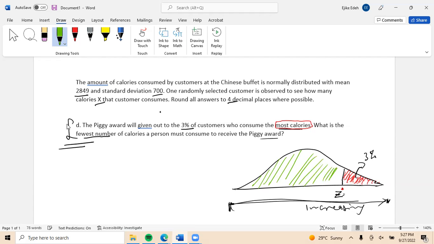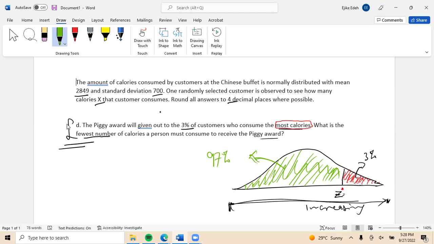So if I go to the table to look for this Z, what I'm going to get is the area in green, because the table is left cumulated, from the left tail towards the right. So the area in green here will be 97%, because if the area in red is 3%, then the area in green must be 97%.